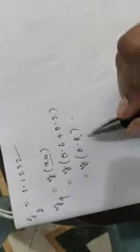Next is y4. y4 is y of x4. x4 means x3 plus h. x3 was 0.6 plus h, meaning 0.2, that is y of 0.8. Still there is no y of 1, right? We want to find the value of y of 1. So it is 0.8. We have to do at least one more step.